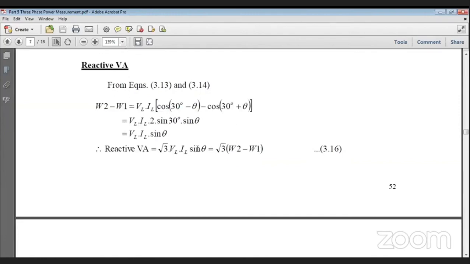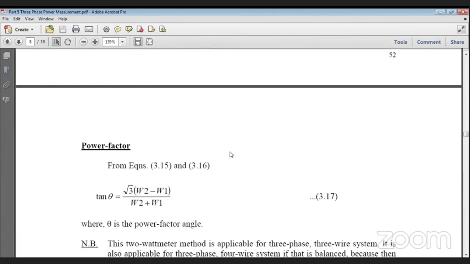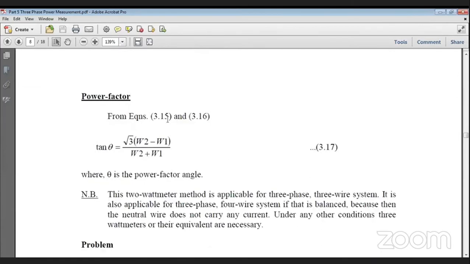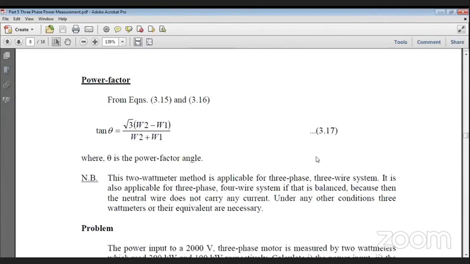Again remember, let's say W2 is 100 and W1 is 20. Take a calculator, calculate this tan theta and then calculate cos theta. That's your power factor.